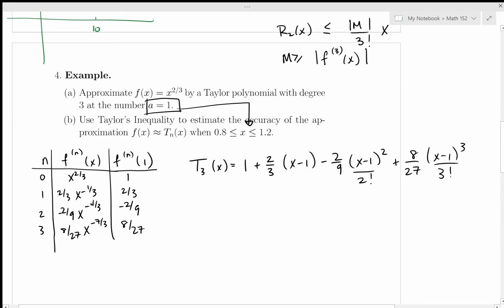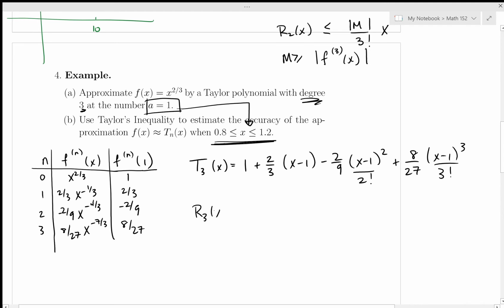That is a degree 3 polynomial that approximates x to the 2/3, and it is expanded around x equals 1, and the reason for that is 1 is the midpoint of the interval of x values that we are interested in. Okay, there it is. That's the answer to part A.